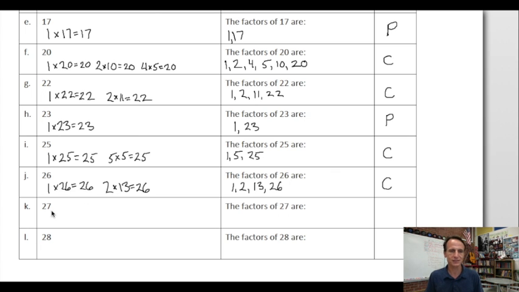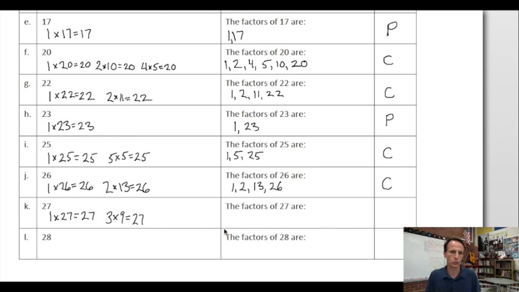Now with 27, let's do 1 times 27 is 27. Anything else? Can we multiply 2? No, because it's not even. 3? Oh, yes, that's right. Good thing you know your math facts there. Yes, 3 times 9 is 27, isn't it? And is there anything else? Kind of go through the numbers yourself.